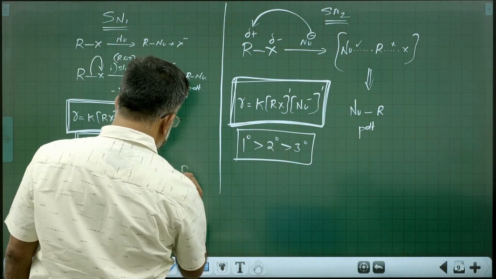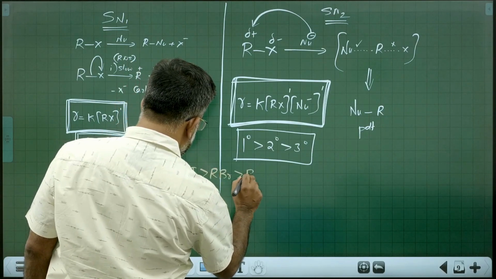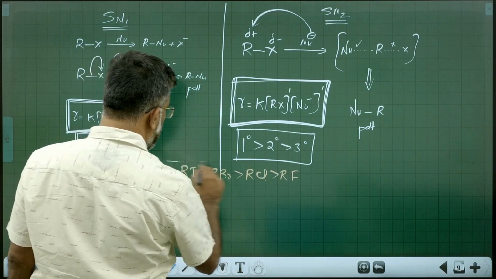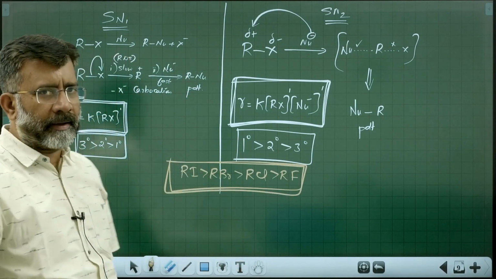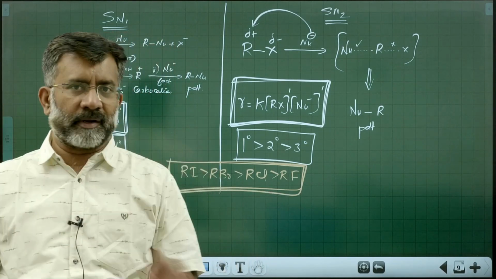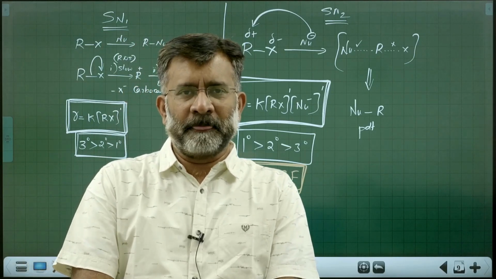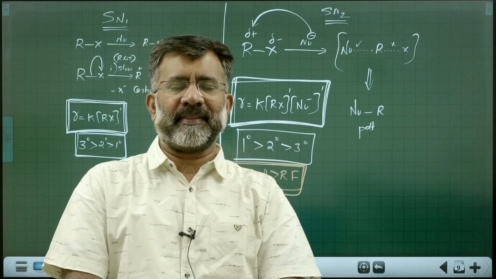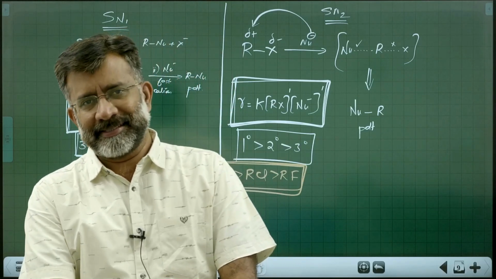It will be RI greater than RBr greater than RCl greater than RF. No need to comment about F. Irrespective of whether SN1 or SN2, the order of reactivity will be RI maximum, because iodine is a better leaving group. Is that clear?